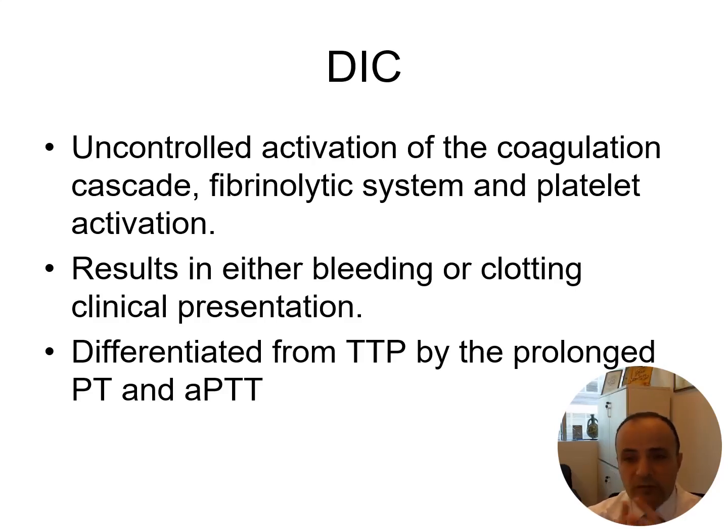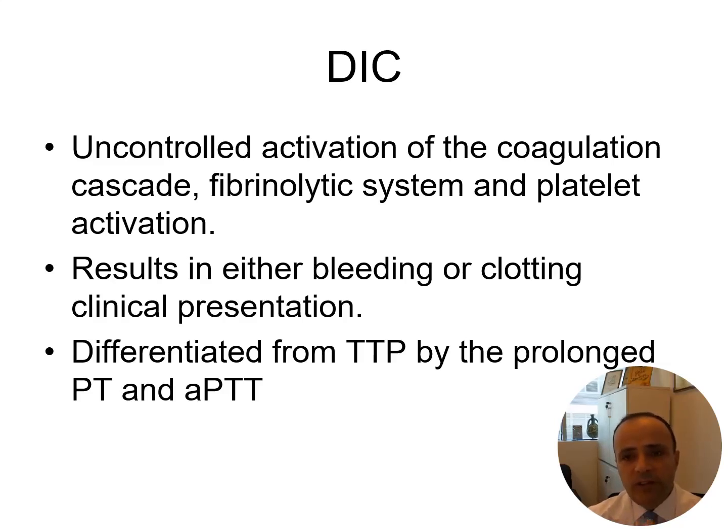Okay. Importantly, in DIC, you can either have clotting or bleeding, because if it's mostly the coagulation cascade that's being consumed, you end up with bleeding. But if it's mostly the fibrinolytic pathway that's being consumed, you end up with clotting. So you can have either presentation. And importantly, both DIC and TTP give you thrombocytopenia and hemolytic anemia.